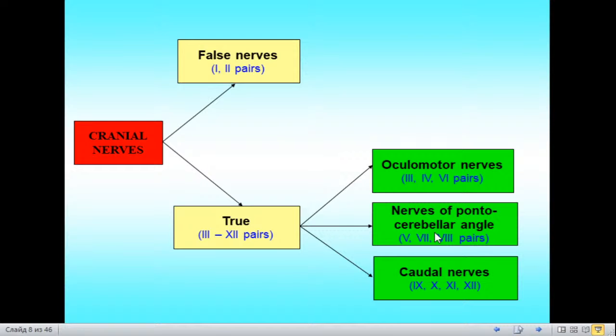Nerves of the pontocerebellar angle, that are fifth, seventh, and eighth, because these nerves enter or exit the brain in the area of the pontocerebellar angle. And the last group, caudal cranial nerves, because they exit the brain most caudally from the medulla oblongata. They are 9, 10, 11, 12, and partly in the spinal cord.